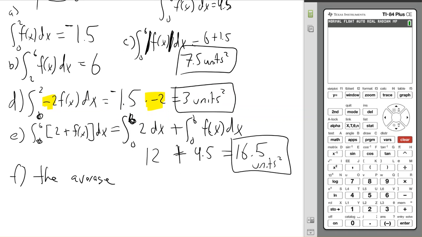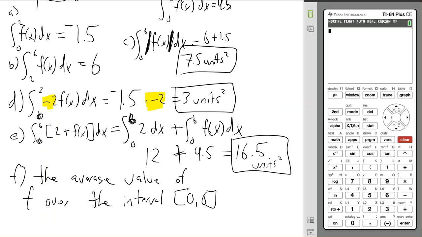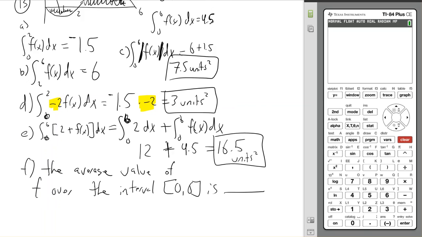All right, finish off number 13, the average value of f over the interval 0 to 6 is... Okay, well, what's the total area under the curve from 0 to 6?